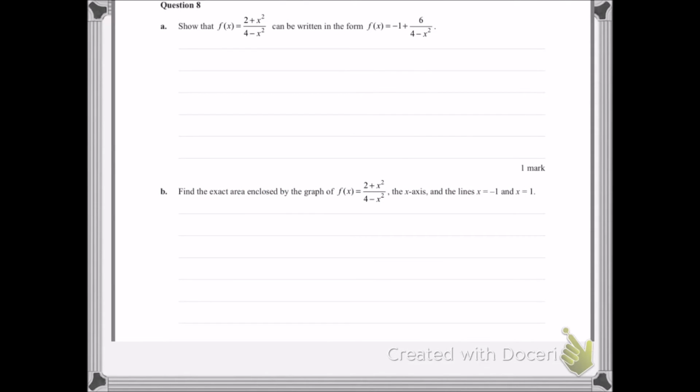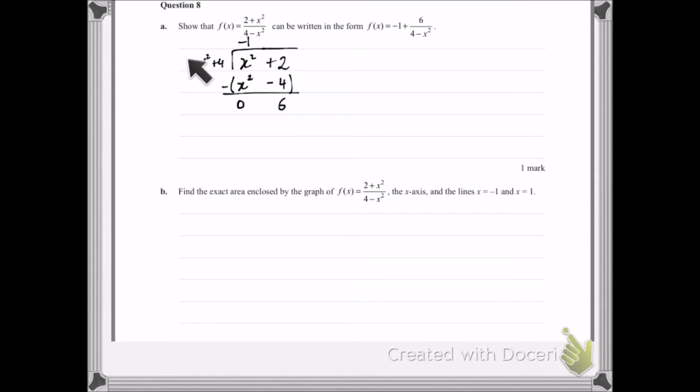Okay, question 8. Show that this function of x can be written in this form. First off, you can see we've got a rational function, polynomial divided by polynomial. So let's do a division of polynomials. From this division, you'll see that a negative x squared divides into a positive x squared with a quotient of negative 1.